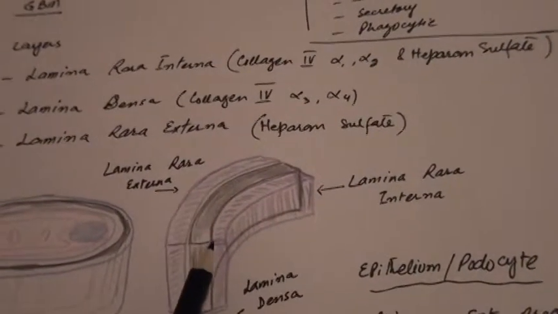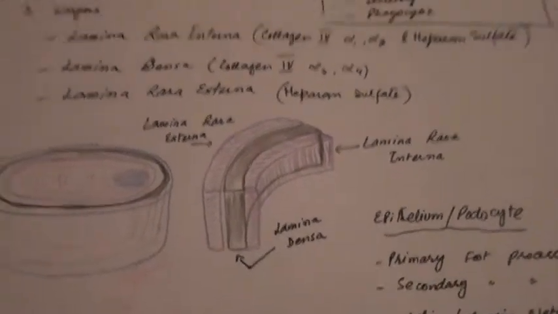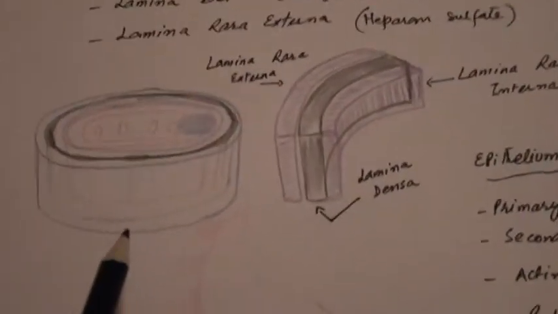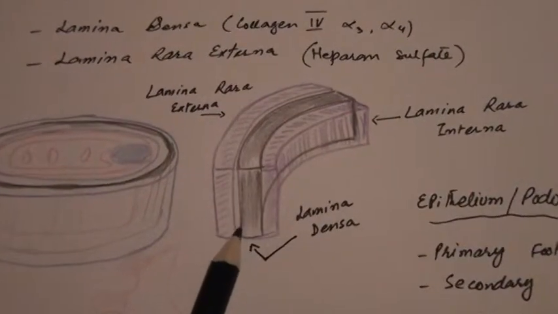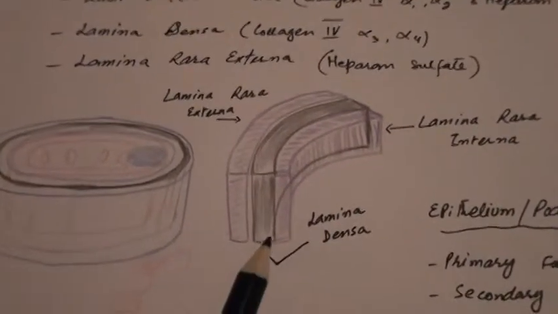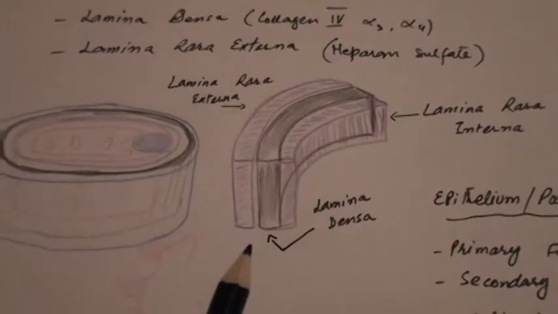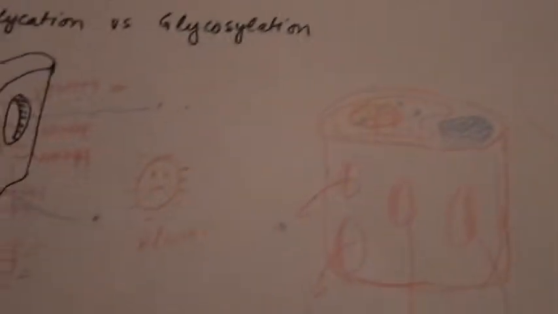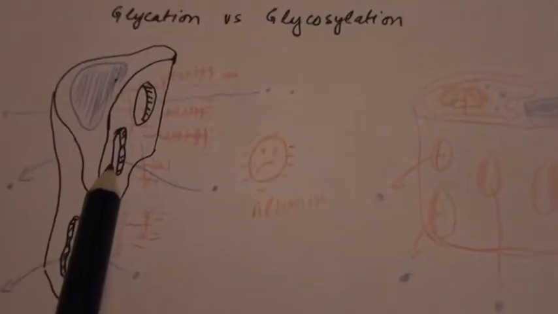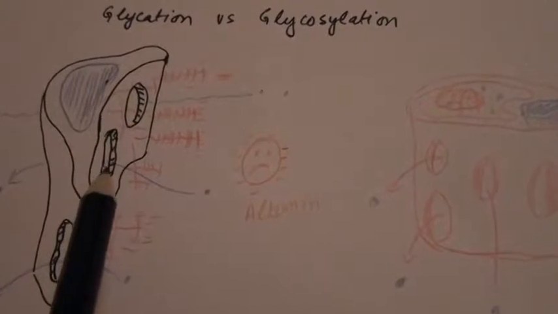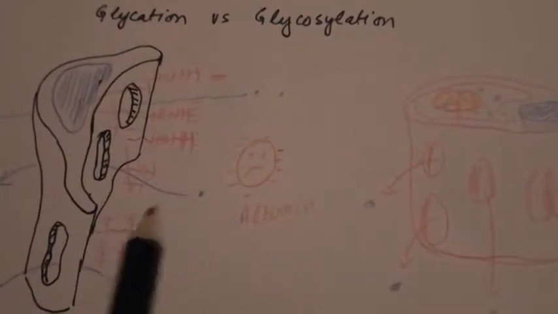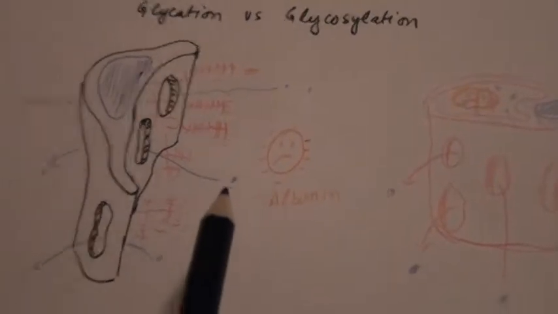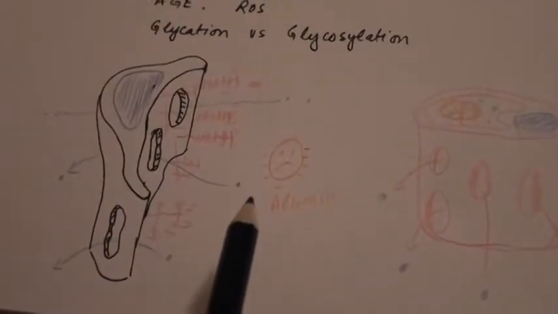The effective pore size of this basement membrane is about 70 nanometers, but it is strongly negatively charged, so it would repel the proteins. Anything larger than 80 or 100 nanometers cannot cross. Negatively charged proteins will be repelled away.